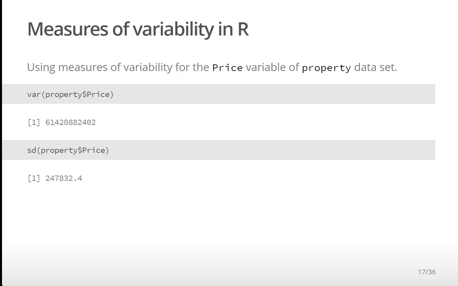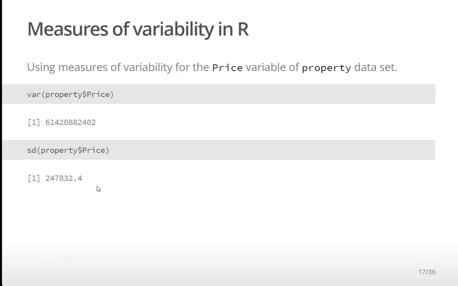The two other measures of variability are variance and standard deviation, taking the same argument. Variance is this number, and standard deviation is $247,000.